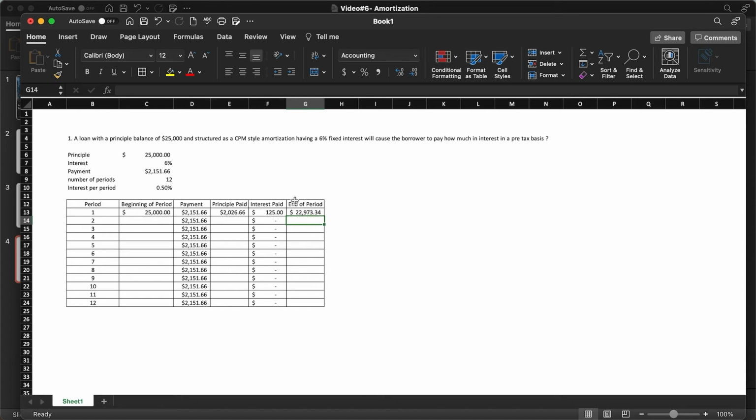Now the ending balance is going to be the beginning balance of your next period. And then we can just drag and drop all of these.